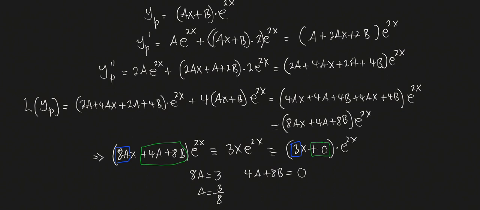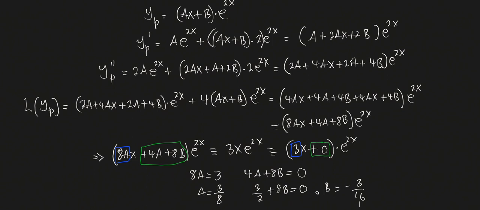Well, I know what a is. 4 times 3/8, that's 3 halves. Oh, I said halves and I wrote the eighth. Right, there we go. And then plus 8b is equal to 0. Solving this, subtracting 3 over 2, so that's negative 3 over 2, dividing by 8, so b is negative 3/16, right?